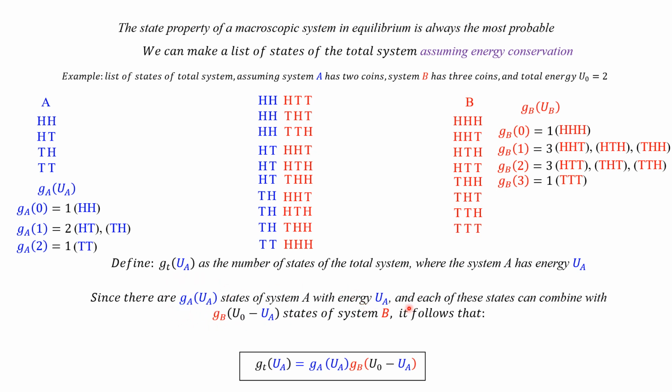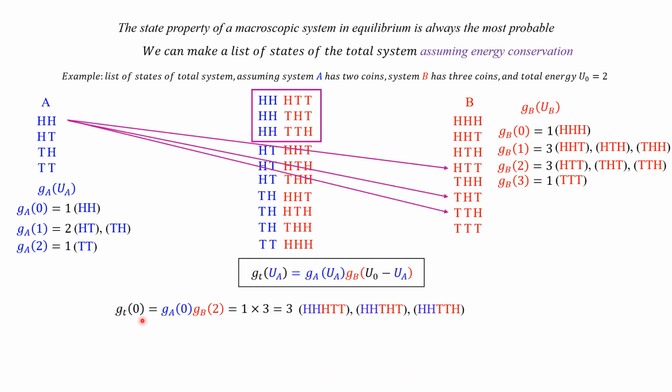And since each one of these states can combine with states of system B having the complementary energy, in other words, the total energy minus the energy of system A, it follows that the multiplicity of the total system evaluated at the energy UA is equal to the product of the multiplicity of system A with this energy times the multiplicity of system B with the complementary energy.